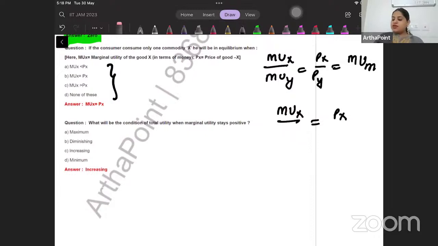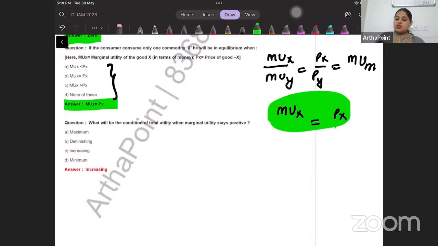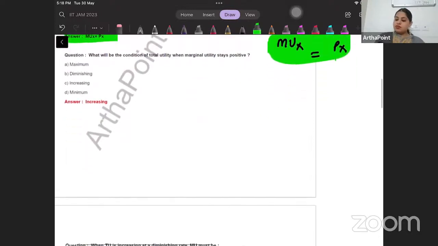So simply we will assume this to be 1, and the answer will be where the price and marginal utility are equal. So if you derive additional utility equal to the price that you pay for the commodity, that will be your equilibrium. So the answer to this question, beta, will be B. Marginal utility is equal to price. Okay, next part.